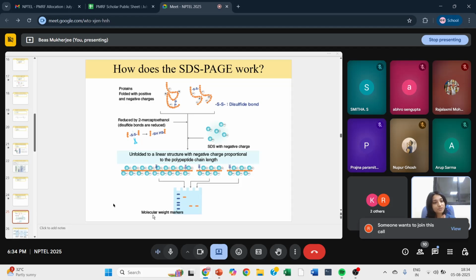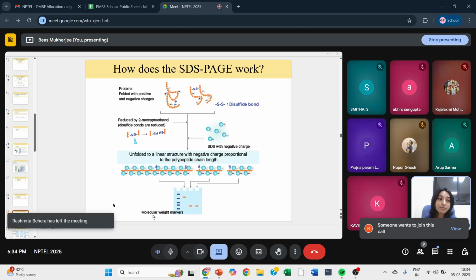Proteins can have positive charges or negative charges based on the pH and based on the amino acid composition. Now, if you let that into a gel and there is, let's say, current flowing, what will happen? Some protein will move upwards, some protein will move this way, based on the charge of the protein, right? But then we will not be able to figure out anything from that gel. That is why we give all the proteins a negative charge.